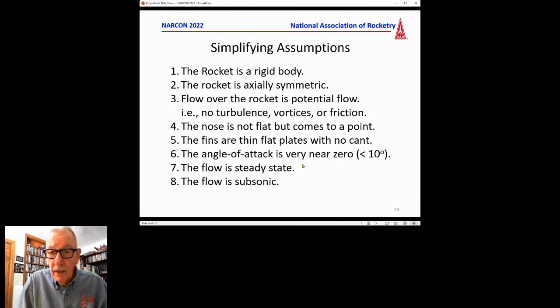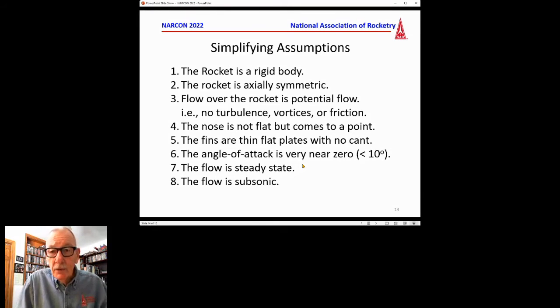It really only becomes a problem when the spin rate is about the same as the lateral frequency. In other words, as your rocket wobbles back and forth, it has a natural frequency. You don't want that spin rate to be near the natural frequency of the rocket, or it could go unstable dynamically.